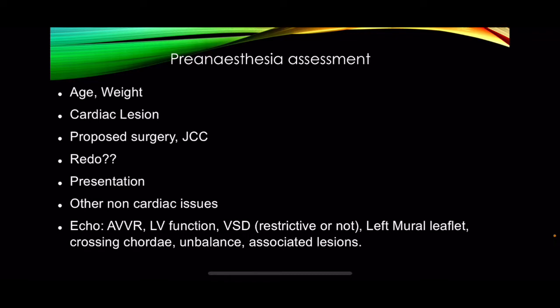I will also have a look and see if this patient has any other non-cardiac issues that may affect the management. For example, if this patient has a problem in the kidney, like UTI, or borderline kidney function, I will expect that this patient will give the PICU a hard time because the kidney function will be worse after the operation because of the cardiopulmonary bypass and blood transfusion and lots of challenges that the child will face during that period.